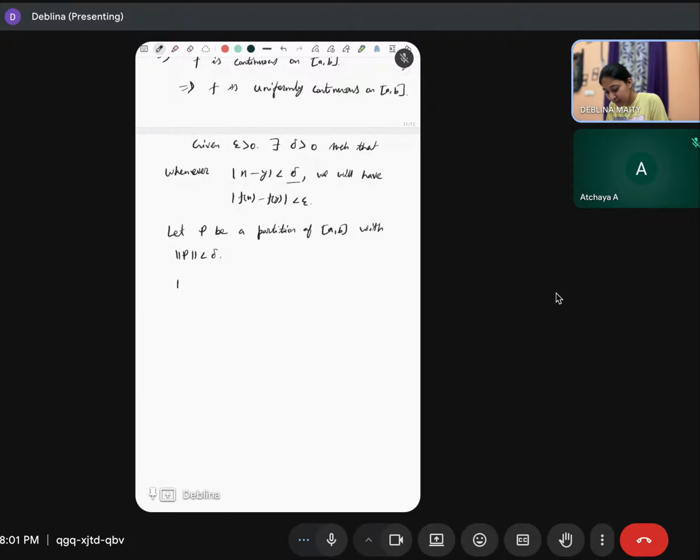Now what is M_r? Let P be x_0 to x_n, P is this partition.